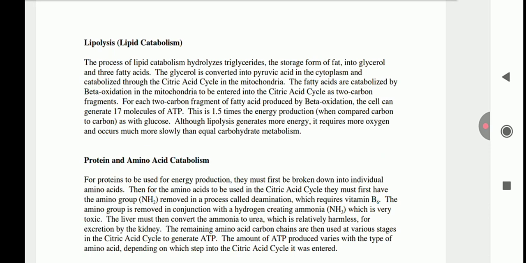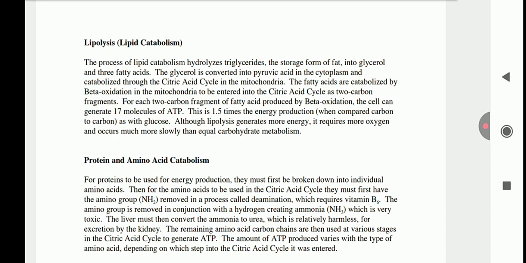The fatty acids are catabolized by beta oxidation in the mitochondria to enter the citric acid cycle as 2 carbon fragments. For each 2 carbon fragment of fatty acid produced by beta oxidation, the cell can generate 17 molecules of ATP. This is 1.5 times the energy production as with glucose. Although lipolysis generates more energy, it requires more oxygen and occurs much more slowly than equal carbohydrate metabolism.